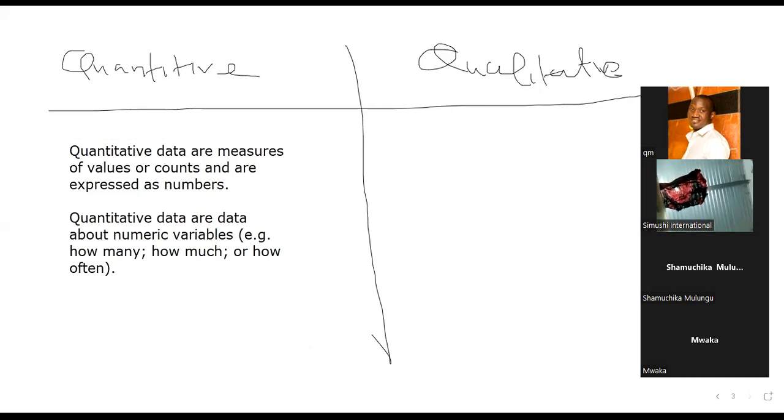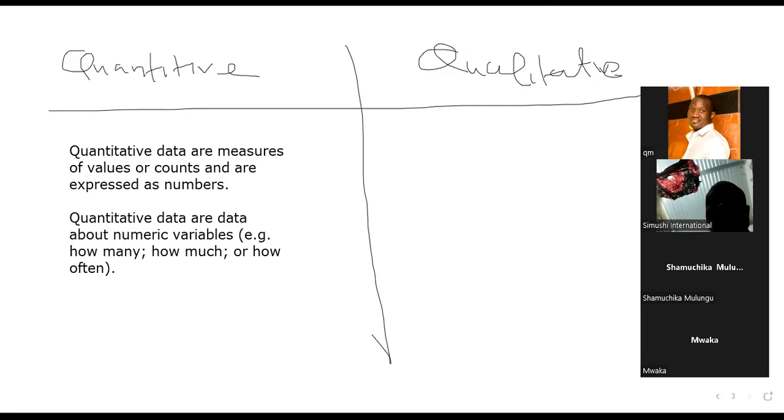Under quantitative, we're going to discuss a few types. We can measure them. So we're going to look at what is called discrete and what is called continuous. Discrete are simply countable numbers that are not recurring. When we're dealing with continuous, we're looking at numbers that have decimal points.